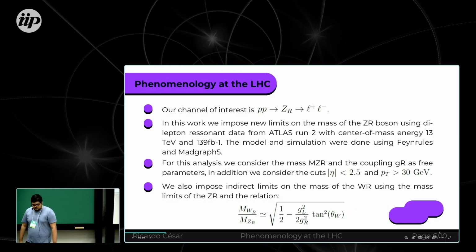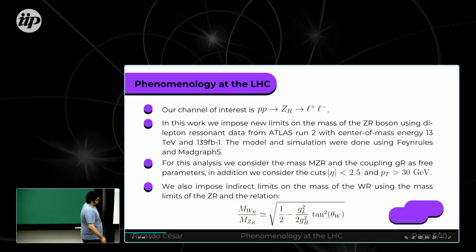This is important because normally when we work on left-right symmetric models, the most important limits are the limits on the WR mass, because the WR mass is usually lower than the ZR mass. It means that we can find the WR with a lower center-of-mass energy.